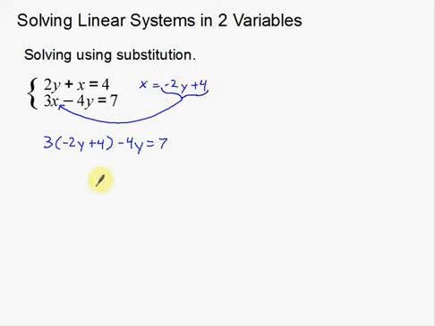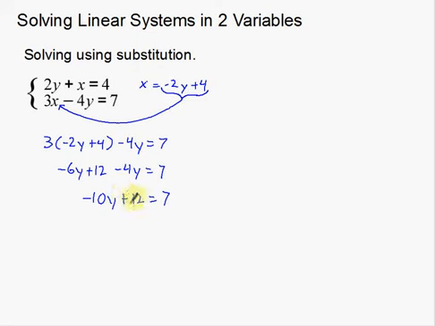Now just like last time, I have a single equation with a single variable. I'm simply going to solve for that single variable. A couple things I have to do first. I have to take this 3 times everything. I have to distribute first. Negative 6y plus 12 minus 4y equals 7. Now I'm going to combine like terms. Negative 6y and negative 4y make negative 10y plus 12 equals 7.